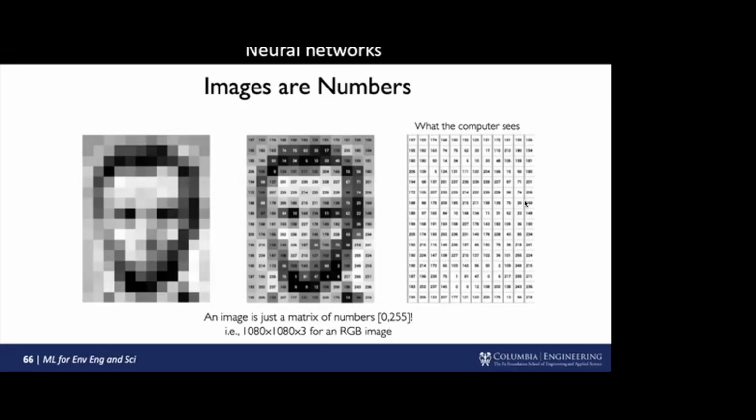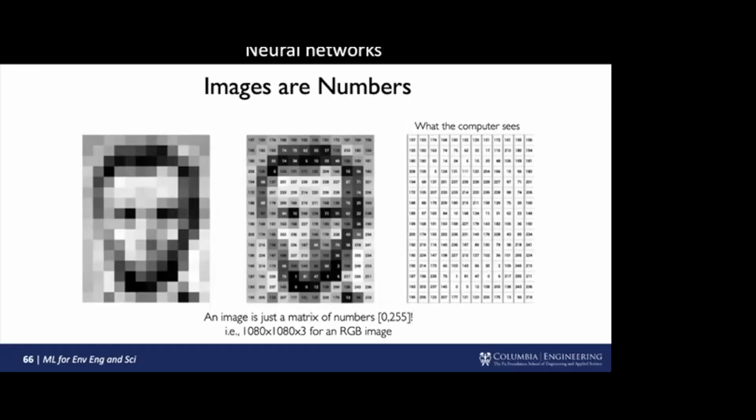For a grayscale image, this value is usually between 0 and 255. So an image is simply a matrix of numbers. For a color image, we stack 3 such matrices together, one for red, the other 2 for green and blue, right? So the image becomes a 3D matrix for a colorful image.